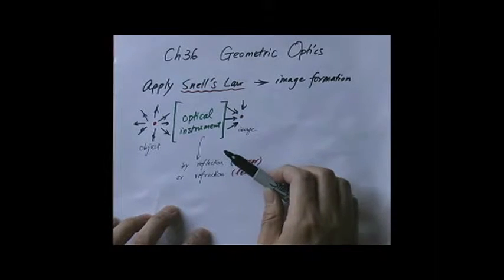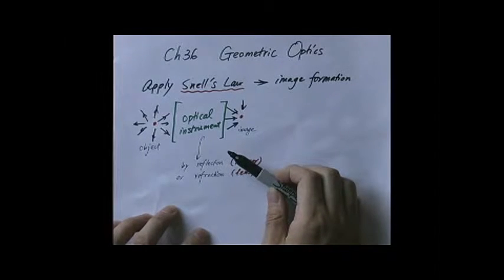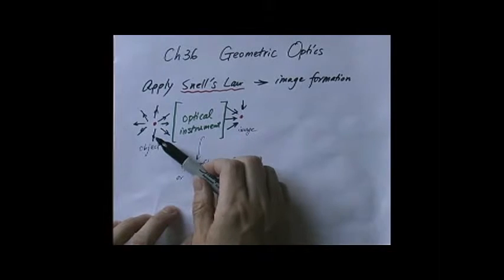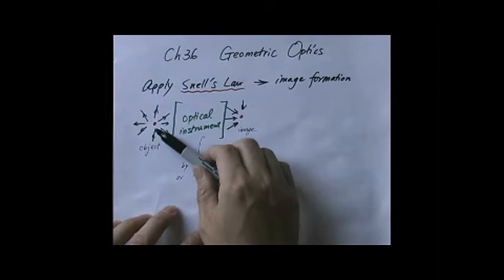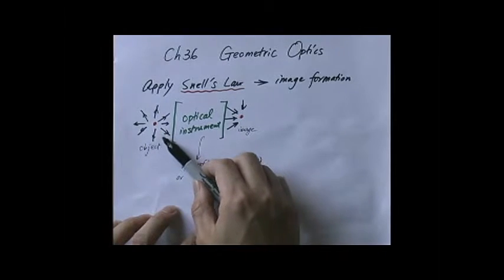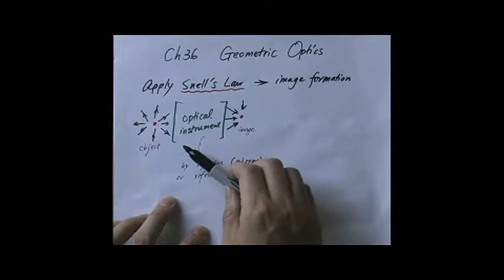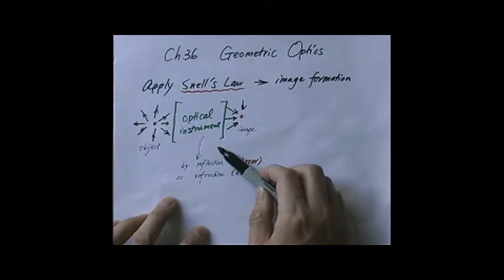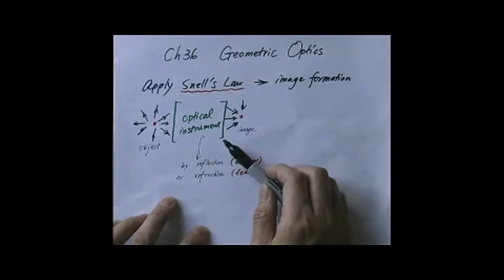Now let's review the idea of an image, an optical image in general. We here have an object, okay? And you can imagine light rays coming out of this object. These light rays will be passing through or getting reflected by a set of optical instruments. This can be a mirror, a lens, a combination of both, and so on.